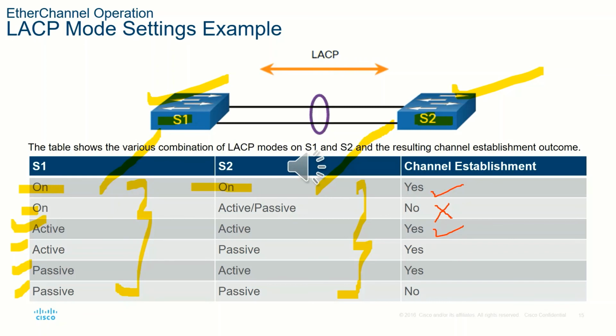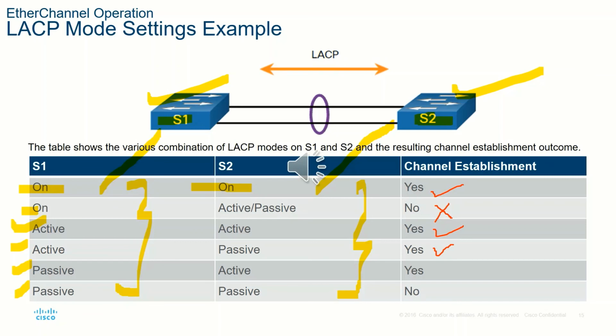Now we go to the fourth combination. The fourth combination is in switch 1 we are going to configure active mode, and in switch 2 we are going to configure the passive mode. So tell me whether we are able to configure the EtherChannel or not. Yes. Why? In S1 we are configuring the LACP active mode, and in S2 we are configuring the LACP passive mode.